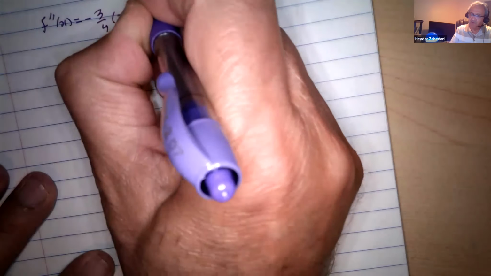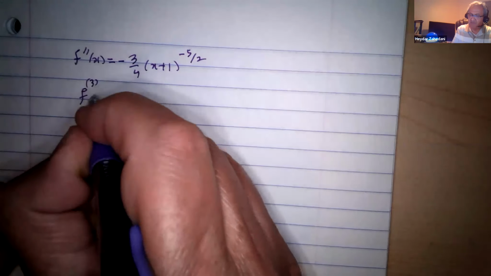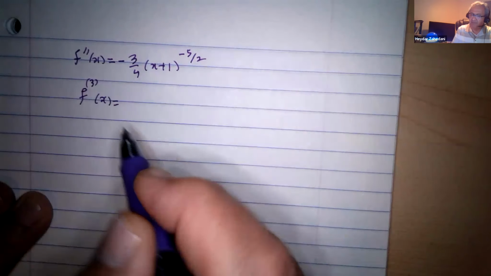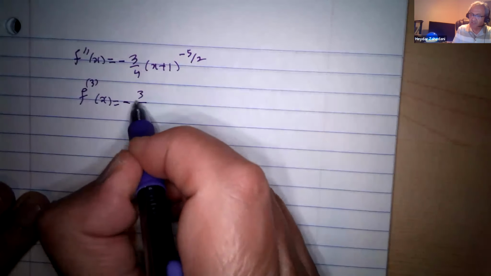We have f double prime of x equal to negative 3/4 times x plus 1 to the negative 5 half. So we differentiate it again to get the third derivative at x, starting with negative 3/4.